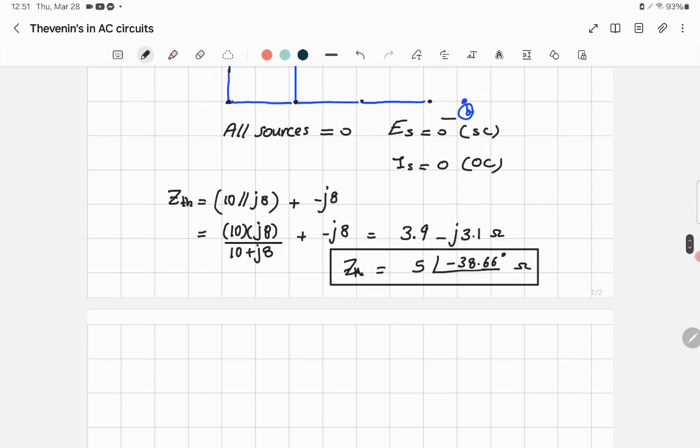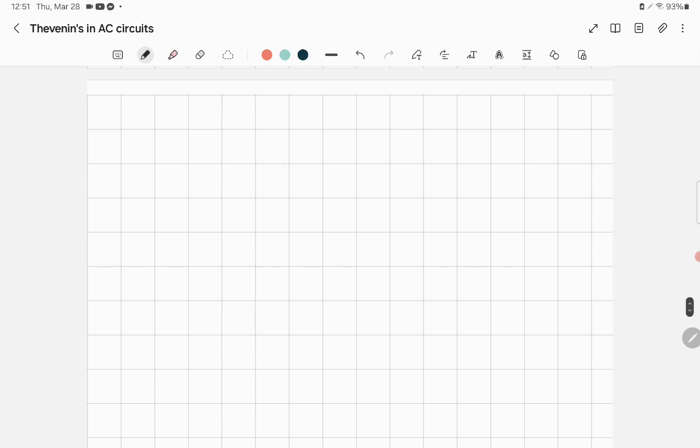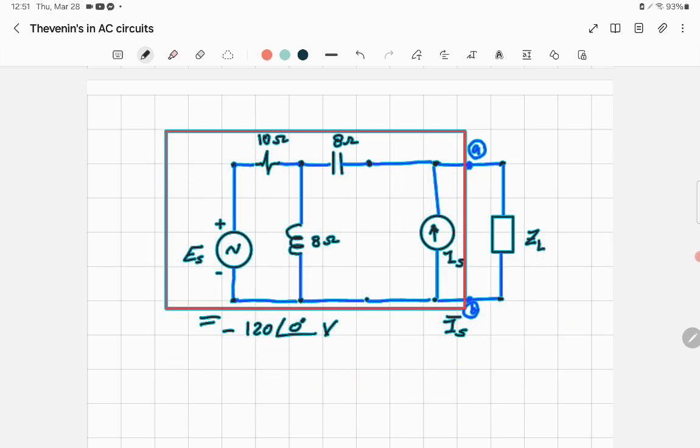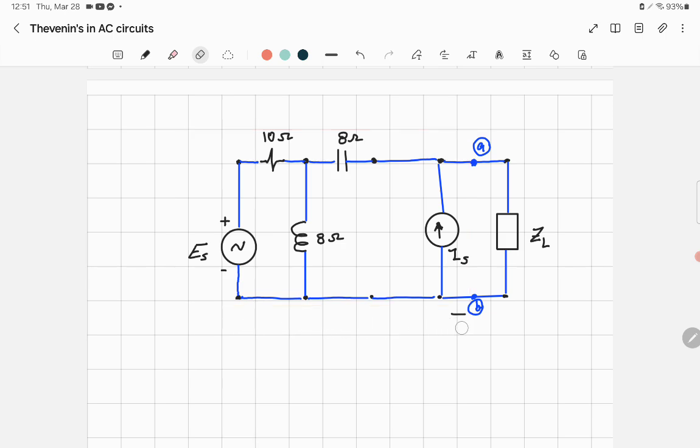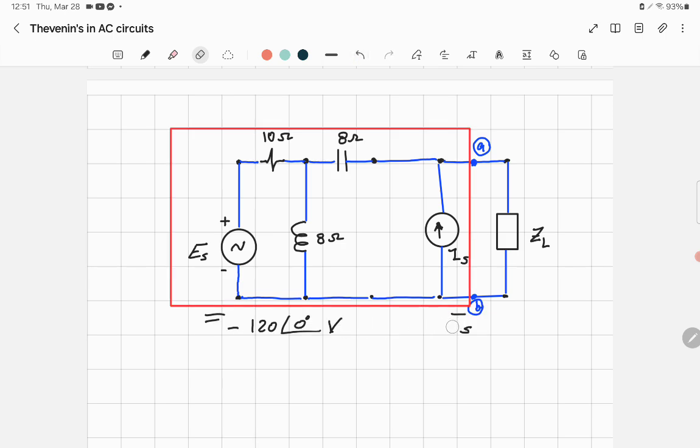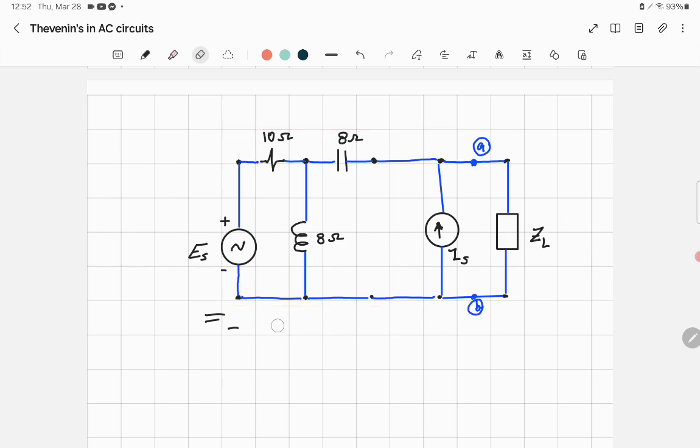We'll make a copy, still have it in the memory, I believe. That's the whole circuit. We have to remove, always remove the load impedance, and you keep the sources.